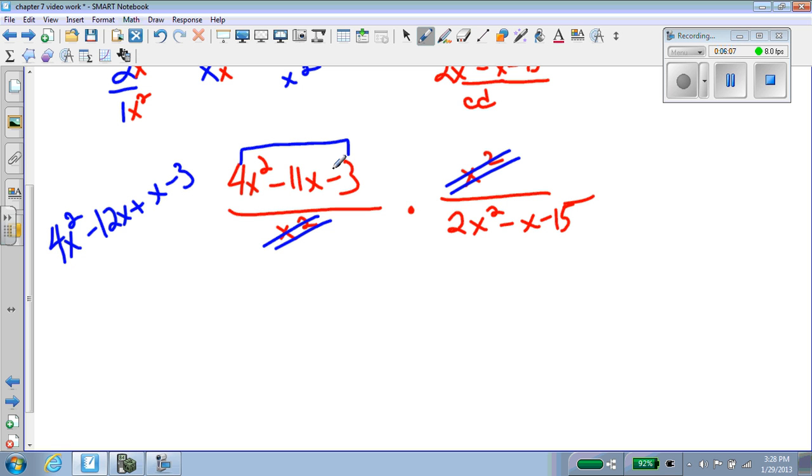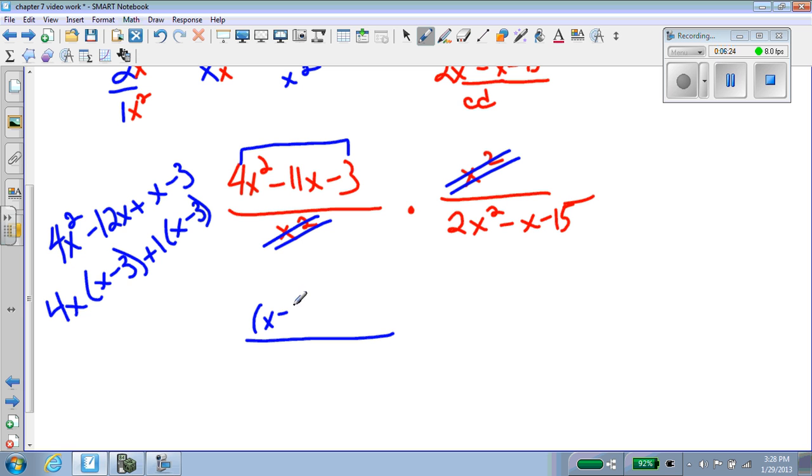Because that would be, yep. So by grouping, I get 4x times x minus 3. These have only one in common, x minus 3. So this numerator is x minus 3 times 4x plus 1.